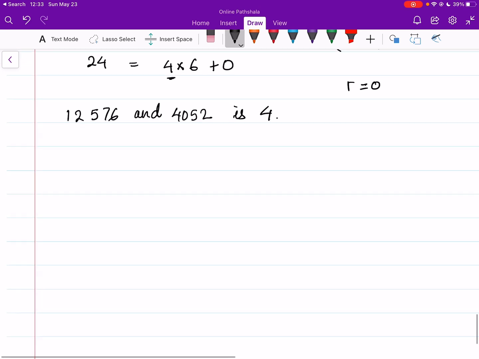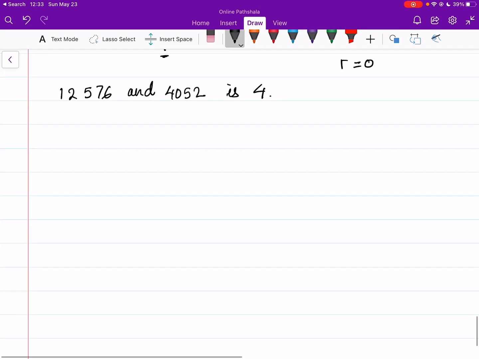Now you have to notice one very important aspect here: 4 is the HCF of all the pairs that we consider together. So 4 is the HCF of 24 and 4.